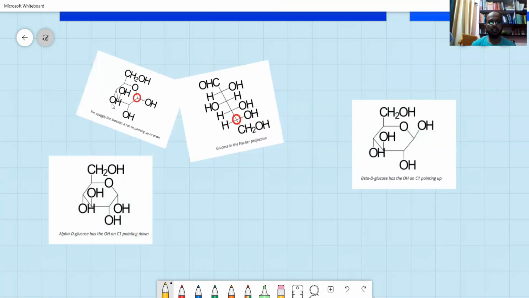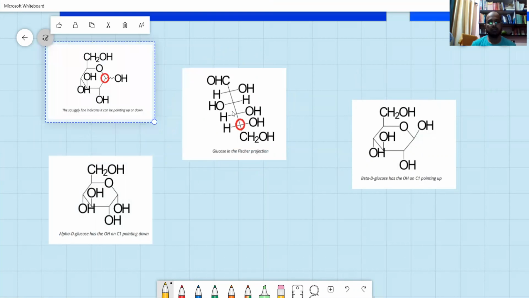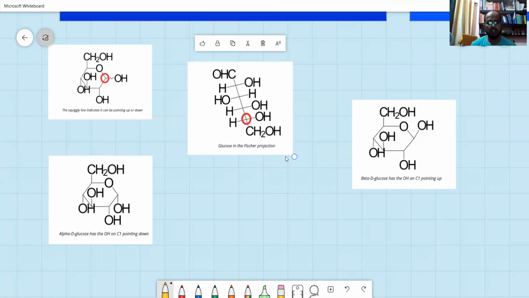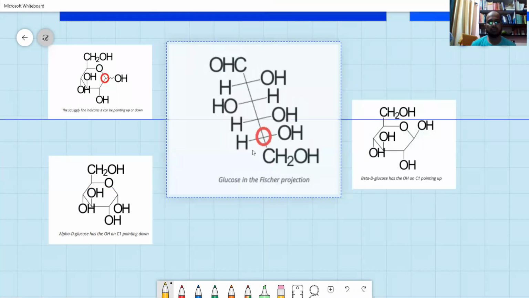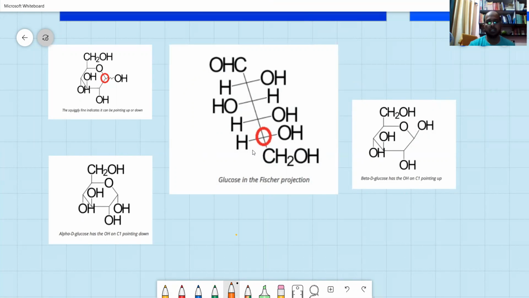So you can see the Fischer projection formula, which you have seen. CH2OH at the bottom. This is the chiral center. You have OH on the right. So when you have OH on the right, it is D-glucose.